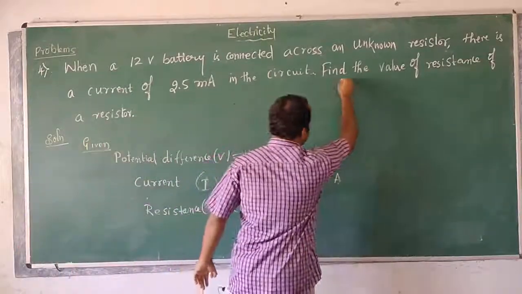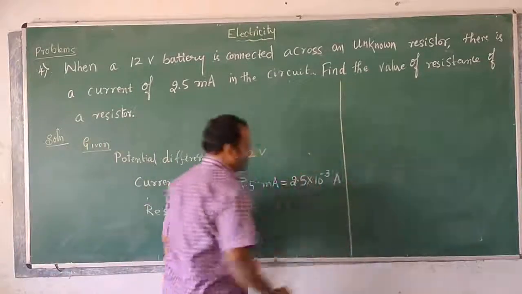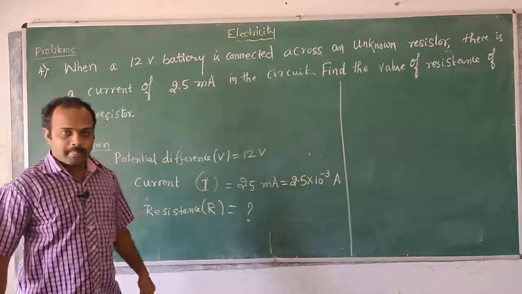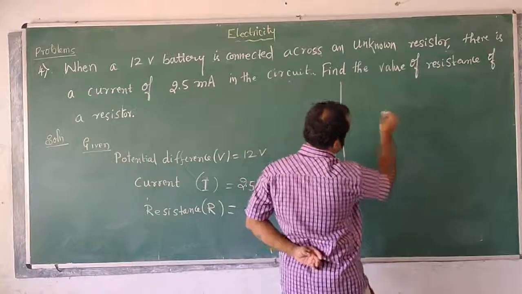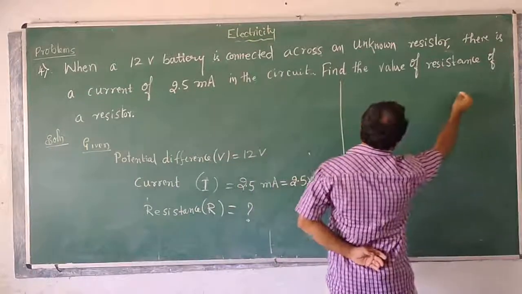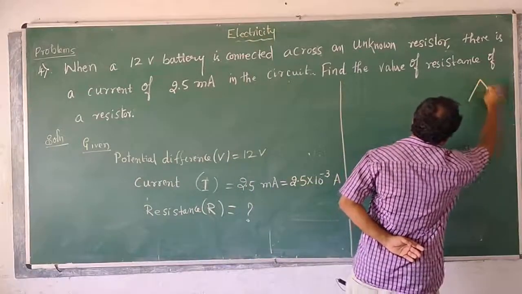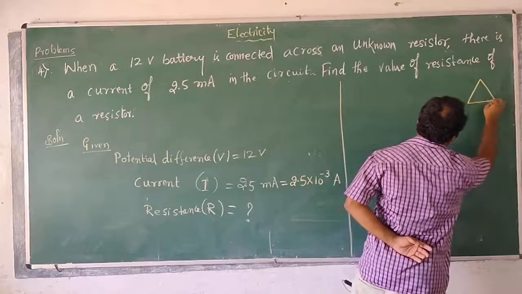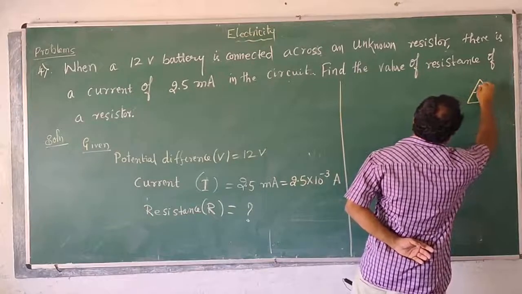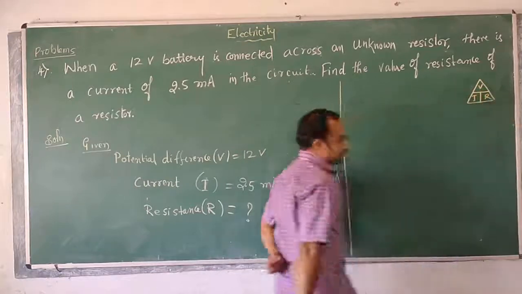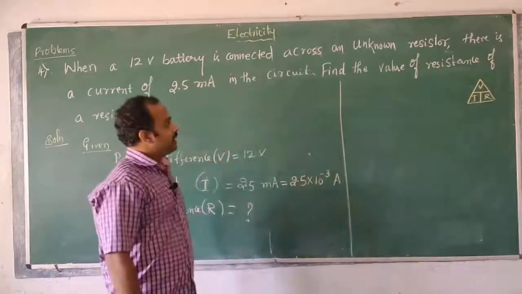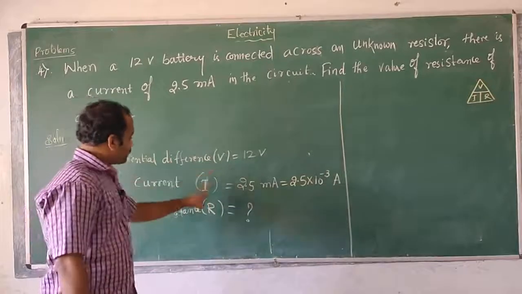OK students, we know from Ohm's law, you can take a triangle here, V, I, R. What is given? V and I are given.